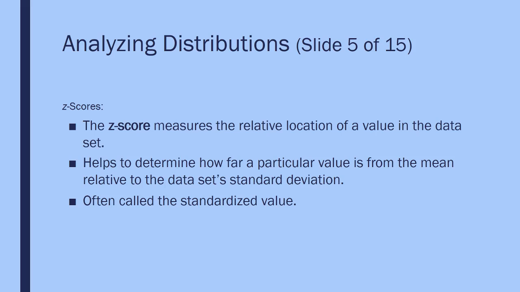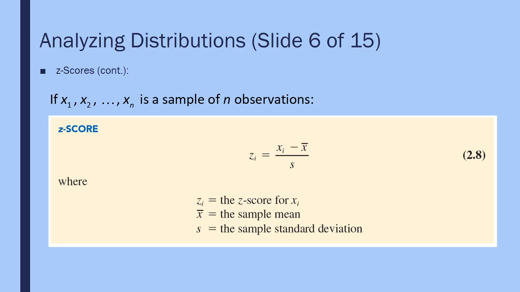So we have a sample of n observations with the values denoted by x sub 1 up to x sub n, and assume that the sample mean x bar and the sample standard deviation s are already computed. Associated with each value, x sub i, is another value called the z-score, and this equation shows how the z-score is computed for each observation.